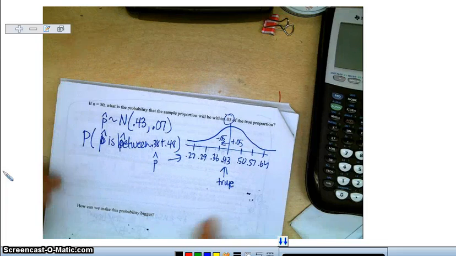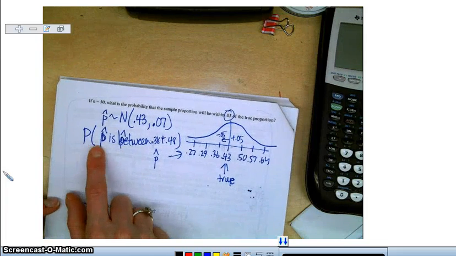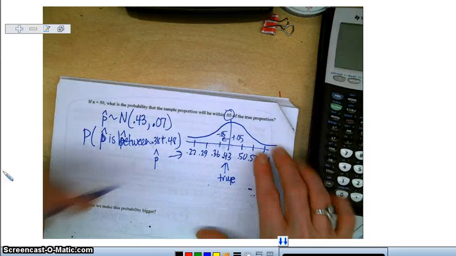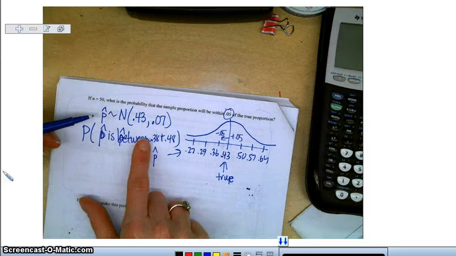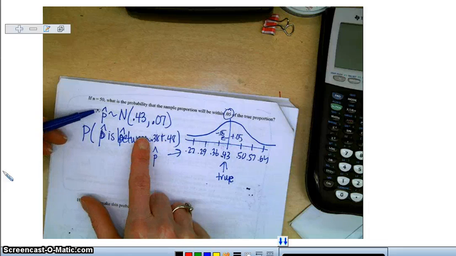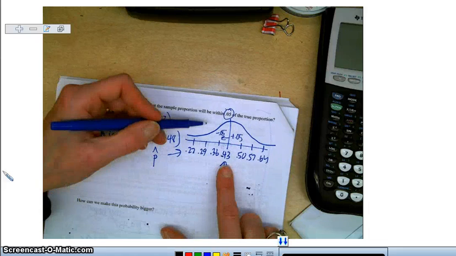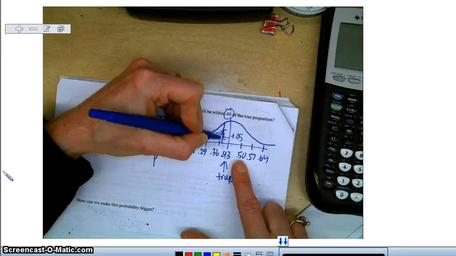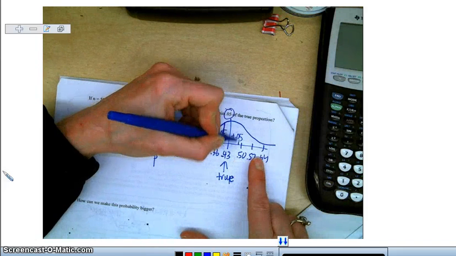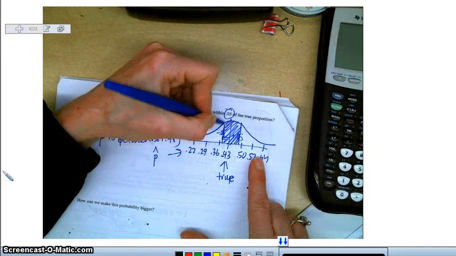So we're actually asking, what is the probability that p hat is between 0.38 and 0.48? So here's what I do. Notice I wrote the definition, p hat is normal. I drew the picture, now I'm going to shade in. I'm looking for this section right in here.